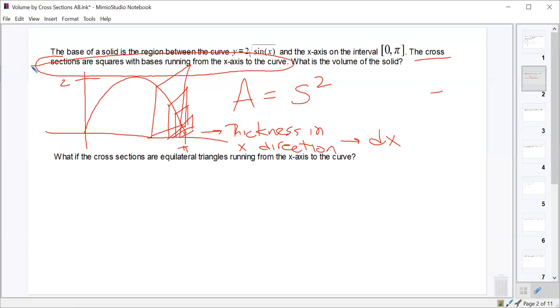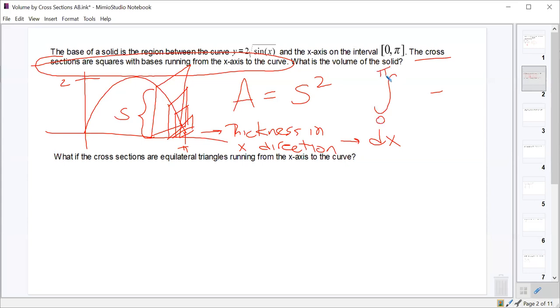So this right here is the side length of one of our squares. How could we write a formula for s in terms of x? What is s equal to? Because I would love to say, all right, let's integrate from 0 to pi.